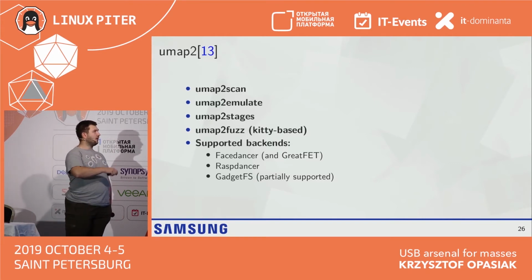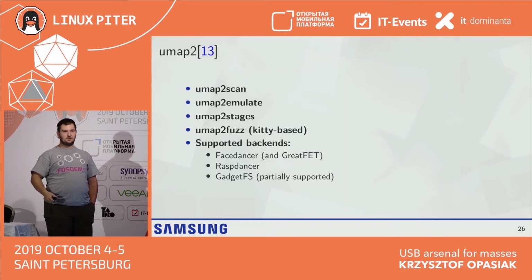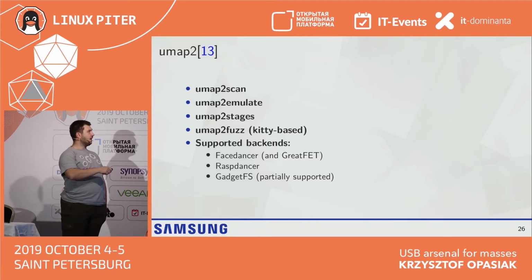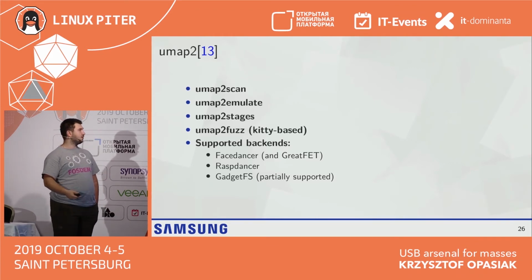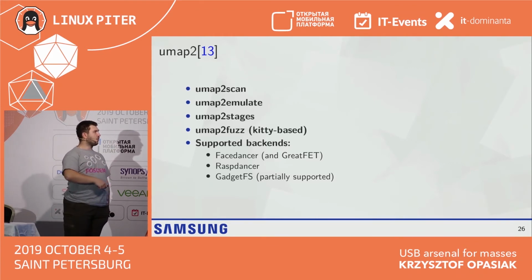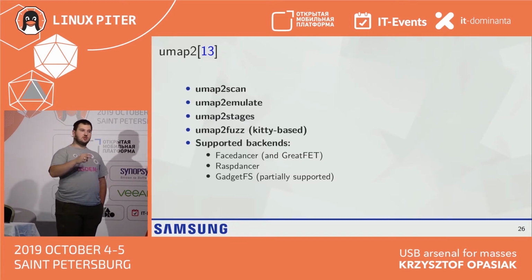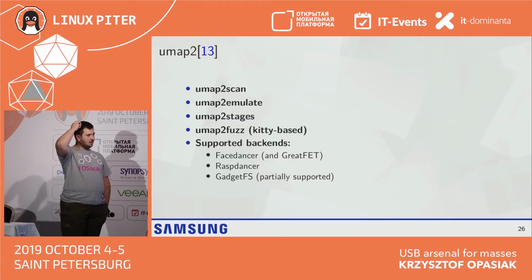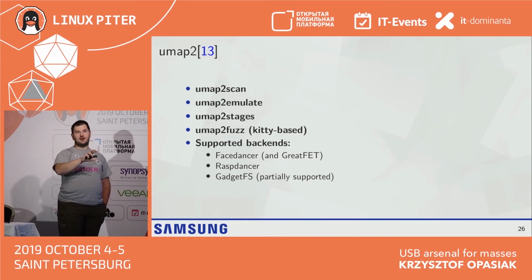The UMAP scan allows you to enumerate all the drivers that are available on a particular host that you connected with, so you can do really good reconnaissance. Then you can emulate any of the USB devices that you want from Python. UMAP2 allows you to grab stages. What are stages? Stages are basically the way the driver on a host interacts with a USB device.